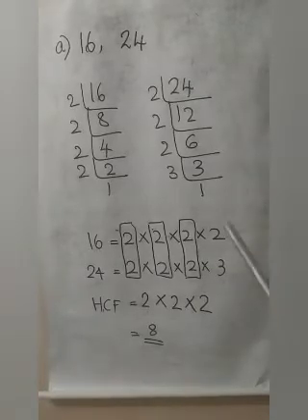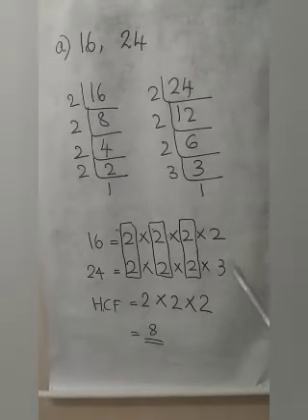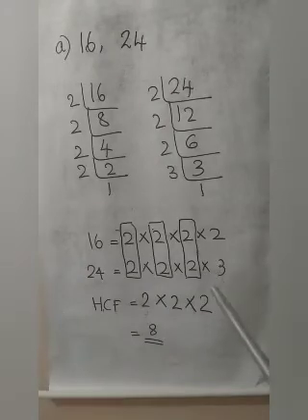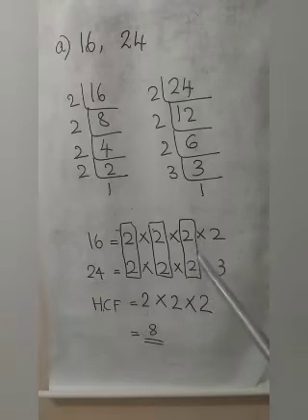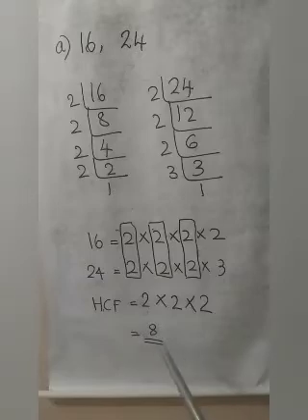So, in HCF, we are taking only what is common. That is the difference. Here, we are considering only the factors which are common in both the given numbers. That is HCF. So, what is HCF here? 8. You know what prime factorization is. So, how do we find HCF by prime factorization? First, we prime factorize the given two numbers.